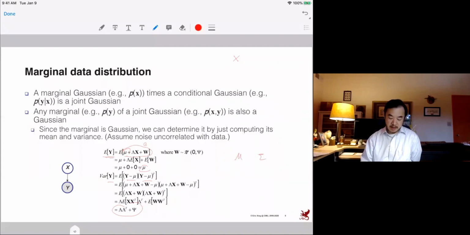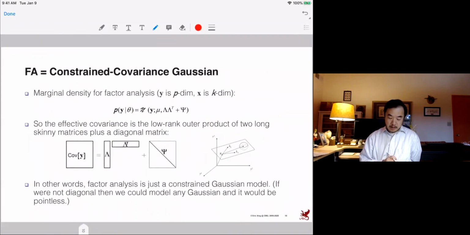In this case, it is the marginal for Y. From here you already see some nice properties of the marginal distribution of the Y. It is defined by a mean that is just an add-on component in the form of an m-dimensional vector, and this covariance is not an arbitrary covariance matrix. It is made by an outer product of two scaling matrices plus a maybe diagonal noise matrix.